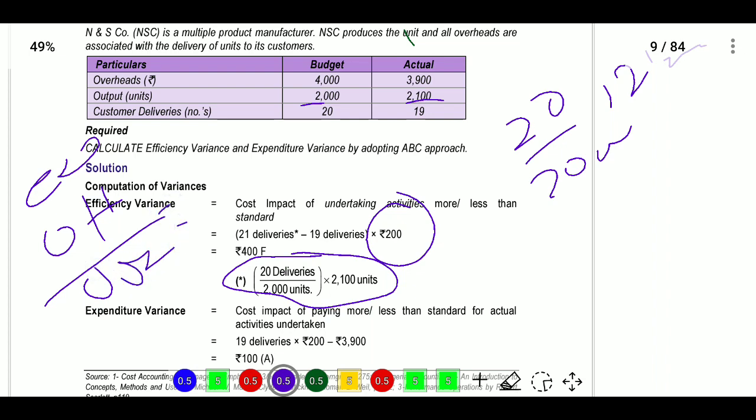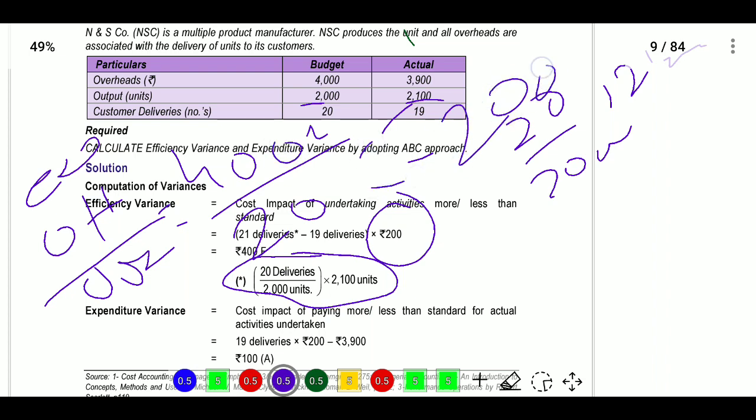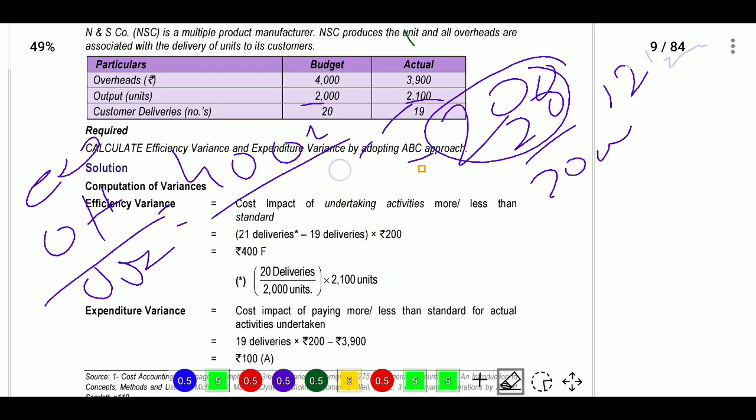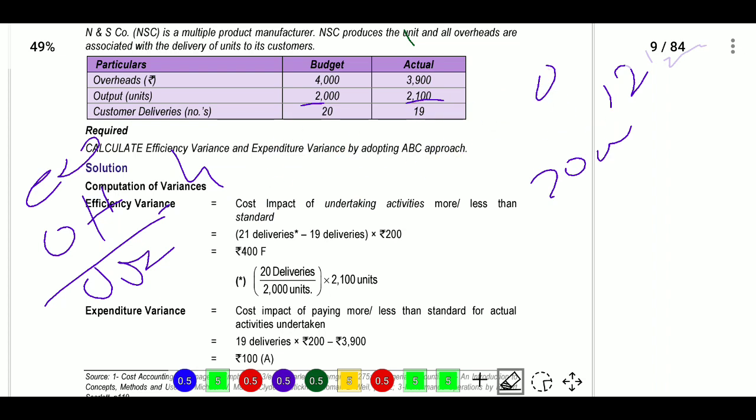That is 4,000 divided by 20 deliveries, which is equal to 200. Here we get the 200. That is the cost impact of undertaking activities more or less than standards.